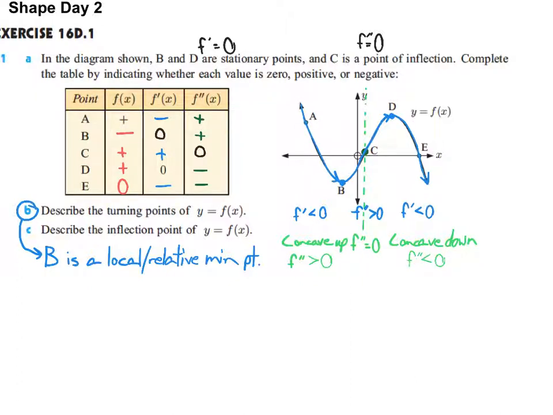What's the other turning point here? D. Yeah, D. D is a local maximum. It's a local max. Alright, and then it says describe the inflection point.